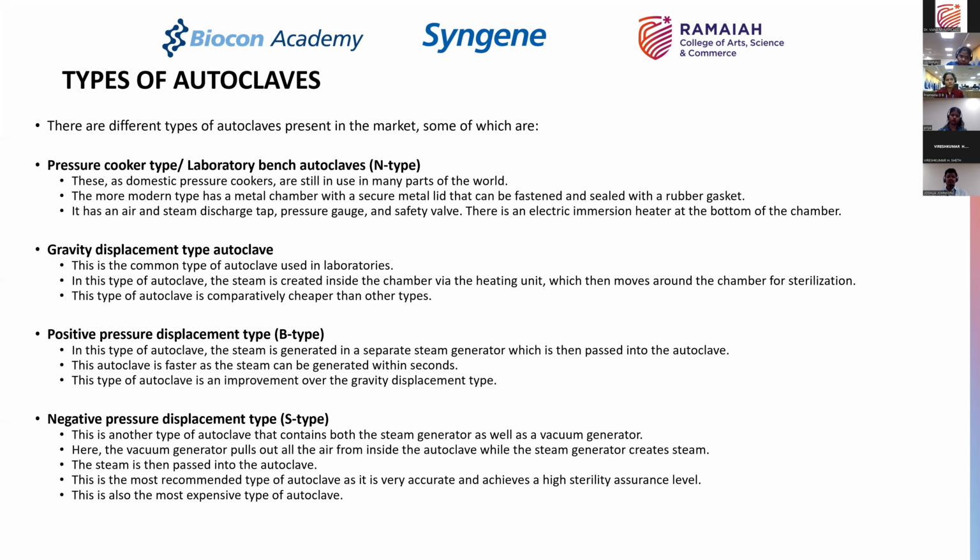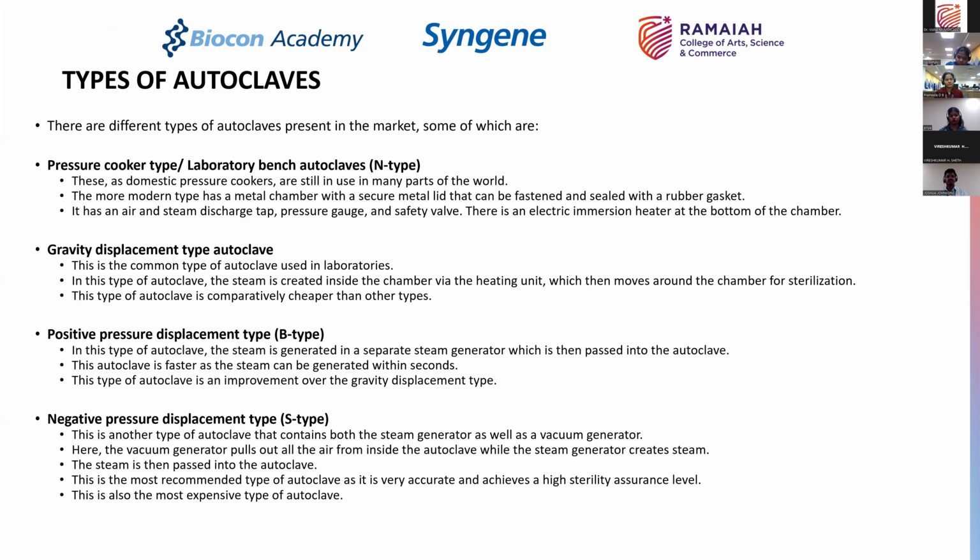The negative pressure displacement type, or an S type, is the most commonly used and recommended type of autoclave which you will use in sterile manufacturing processes, or actually in most industrial applications. Here, the only addition to the positive pressure is you also have a vacuum generator attached to the system.